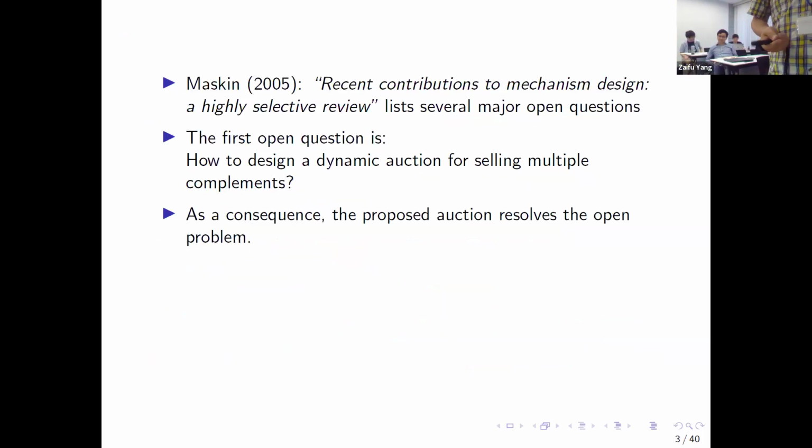So as a matter of fact, after we finished the paper, some people told us that actually we solved the first open question in a survey paper by Maskin. But initially we started this problem basically due to the problem mentioned by Paul Milgrom in his JPE 2000 paper.